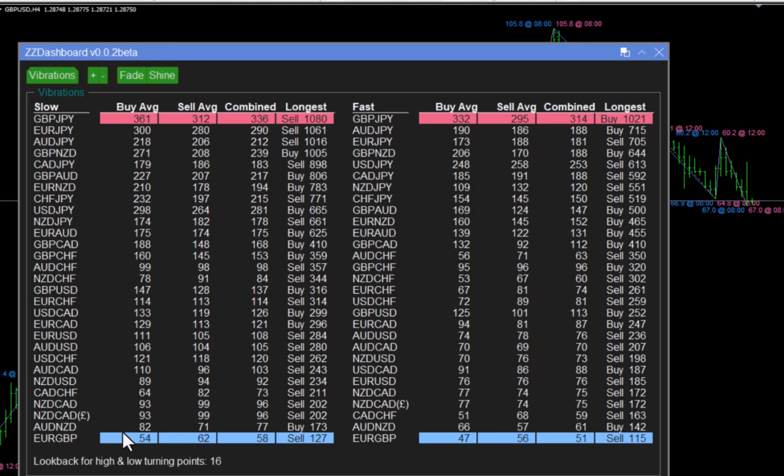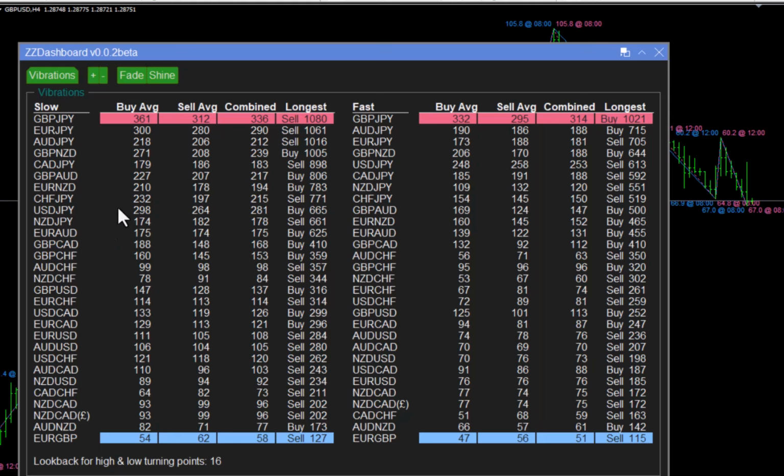And if we look down here, the Aussie New Zealand 82, so that also, because that's higher than that, has a buy bias. Also, the biggest leg was a buy of 170 and 173, and on a faster basis, the trends are shorter, and the biggest buy was 142.